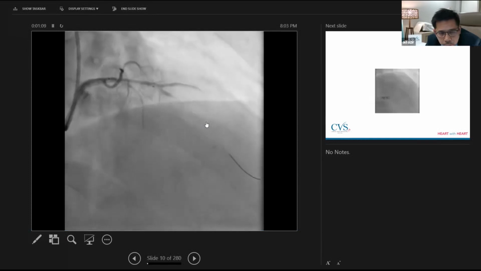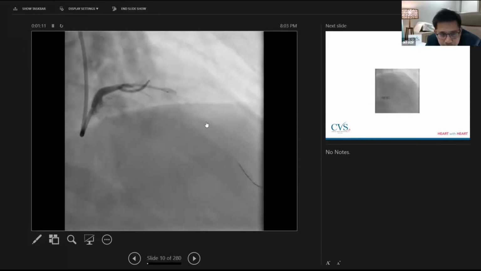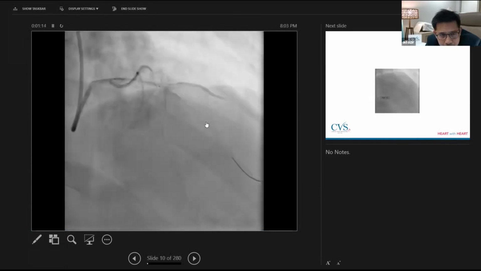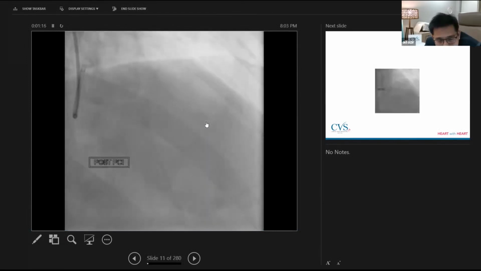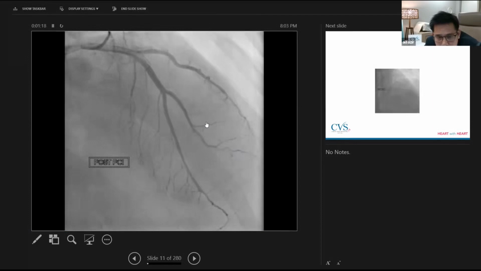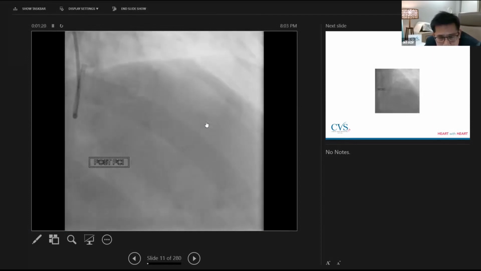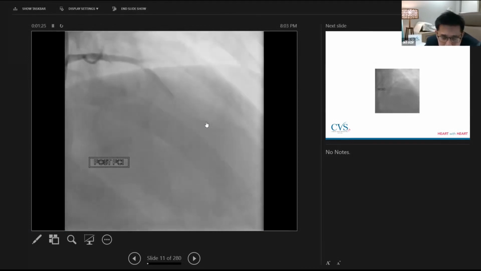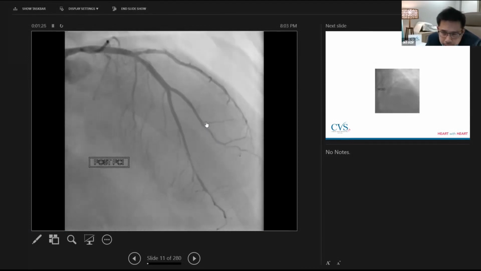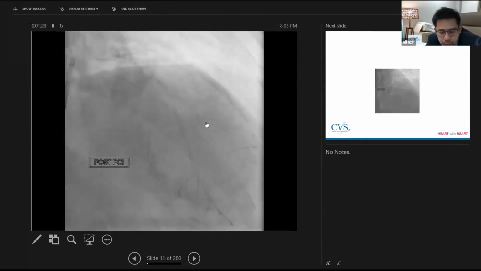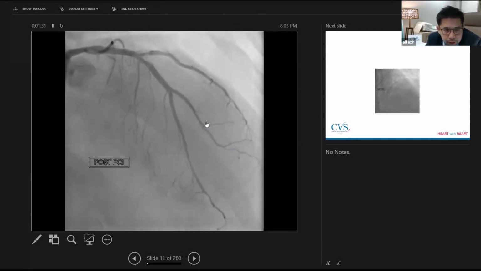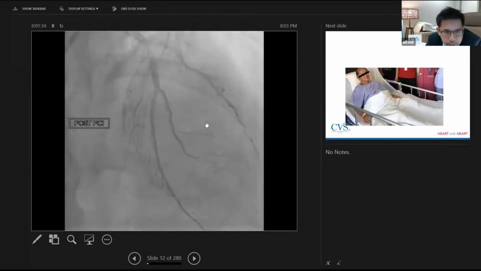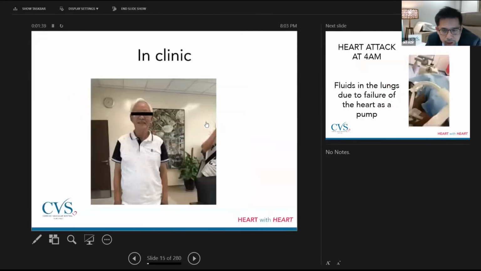We normally implant a coronary stent in the heart, which immediately allows blood flow to resume. Hopefully by doing this early enough, there is no damage to the heart. So it's important to recognize a heart attack and seek treatment immediately. The blood flow is restored, and he's done very well. He was discharged and followed up in clinic.